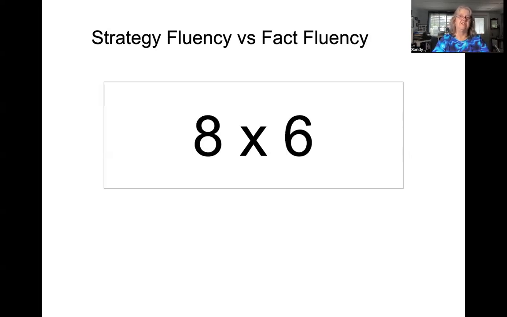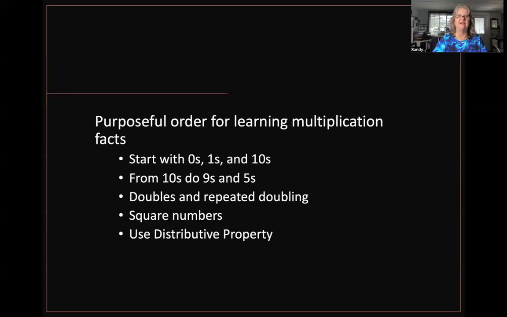Well, double 6 is 12. Double 12 is 24. Double 24 is 48. So I can use that repeated doubling. 7 tens is 70. Half of that is 35. So you see how I'm using the strategy to tell the fact. So sometimes you may want to go through and practice fact fluency. But you also want to have them practice strategy fluency because that gets us beyond the facts.